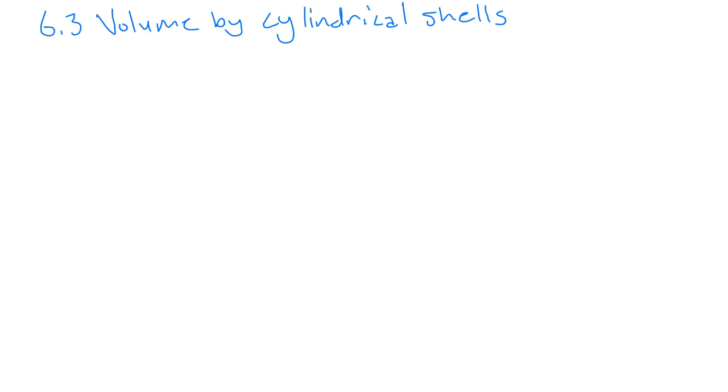We just covered our discs and washer method. The thing is, not all equations can be used to do that, because in some of our earlier examples, we had to convert between x and y to get into a form where we can use our disc and washer method. We can't always do that.